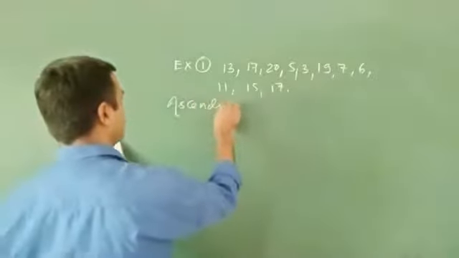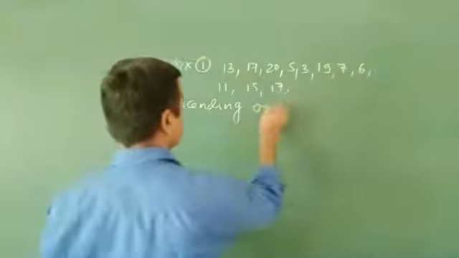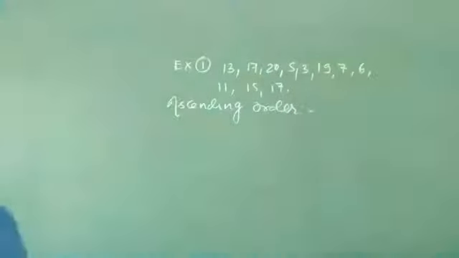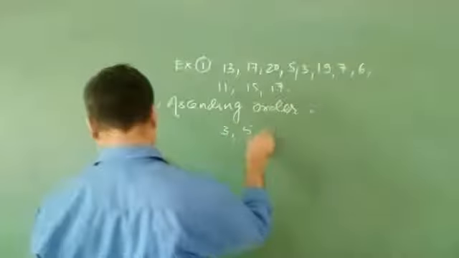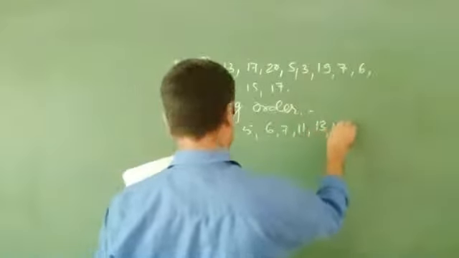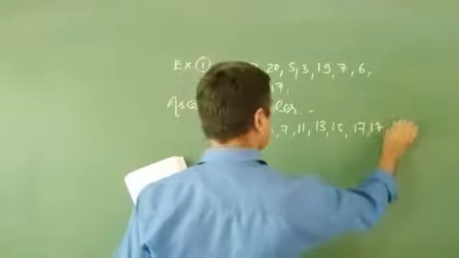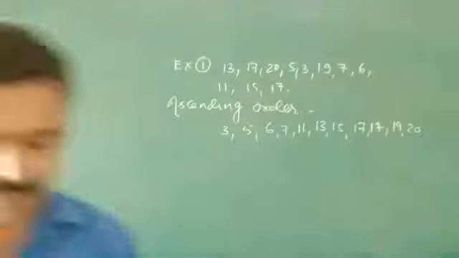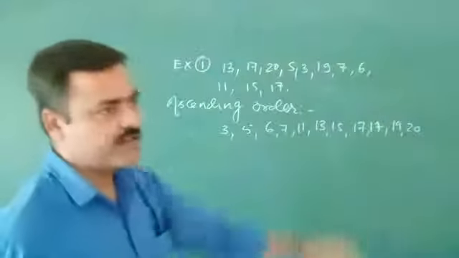Because in median always we arrange in ascending order. I am arranging here the given data in ascending order. Ascending order 3, 5, 6, 7, 11, 13, 15, 17, 19 and 20. Now you can see all the data is in ascending order.